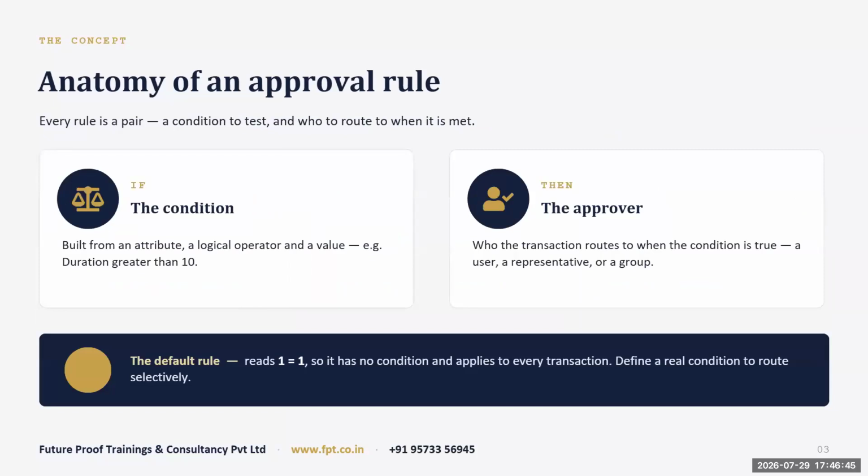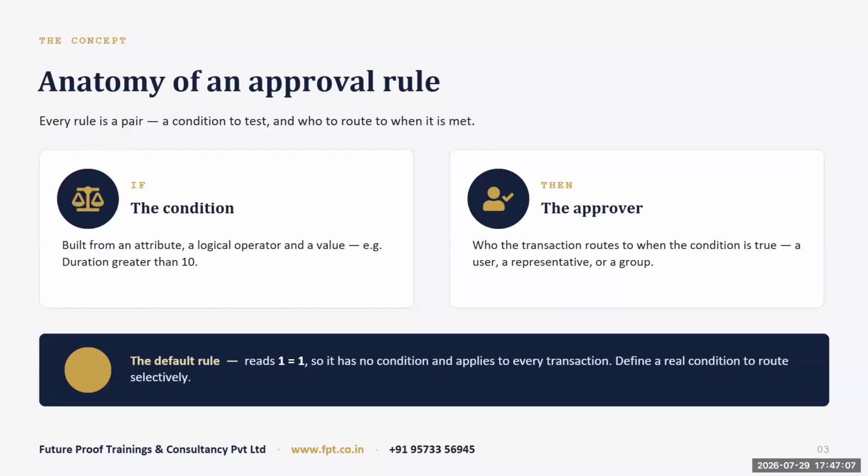Now, we want to create one approval rule. Okay, we want to create an approval rule in such a way that if a particular employee is applying 10 days leave or less than 10 days, it should go for the line manager.